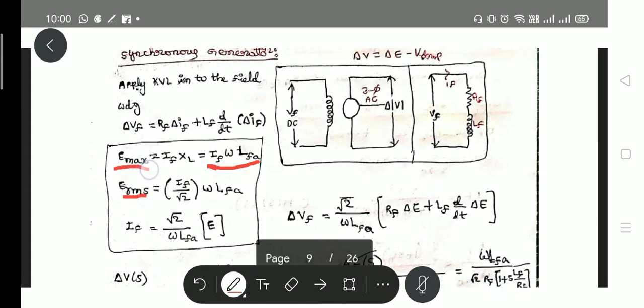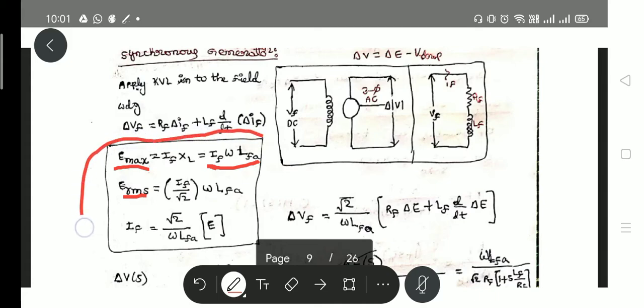This is the E max. I am taking ERMS. What will we get? If by root 2 into omega LFA. From this, If is equal to root 2 by omega LFA into ERMS.